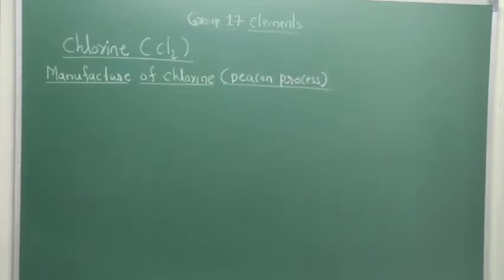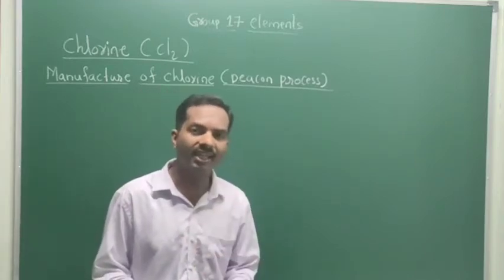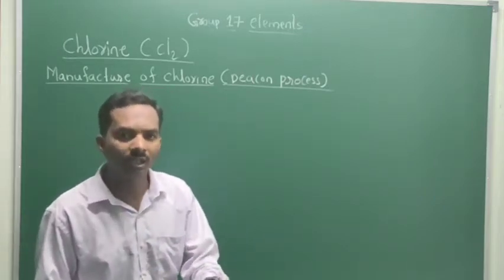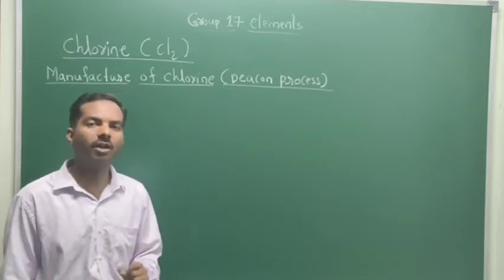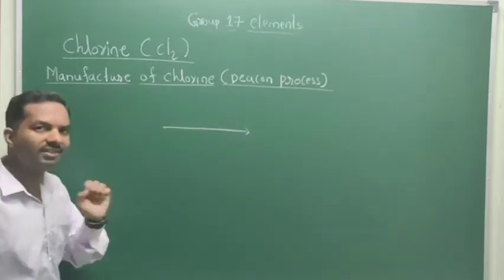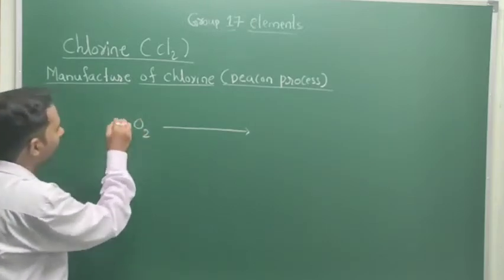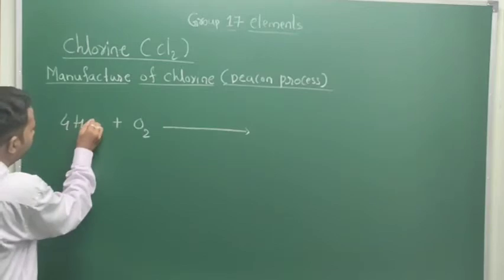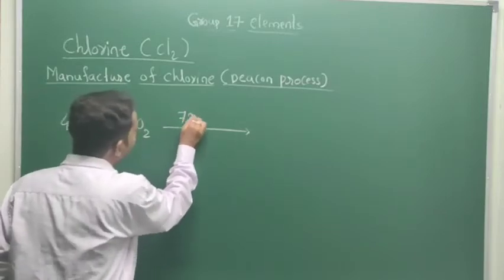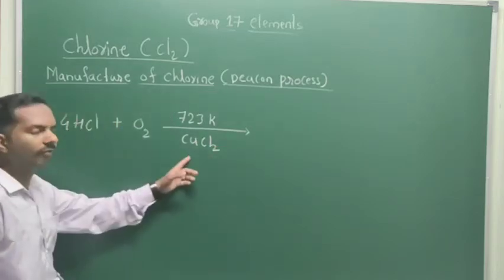So next, we move towards the manufacture of chlorine. Chlorine can be manufactured on large scale by oxidizing hydrogen chloride by atmospheric oxygen at 723 Kelvin in presence of cupric chloride.